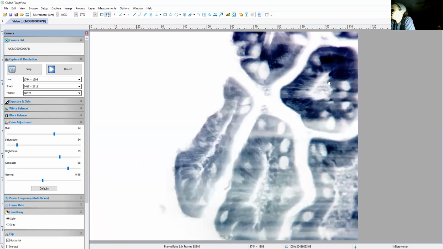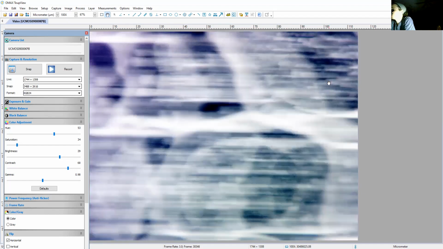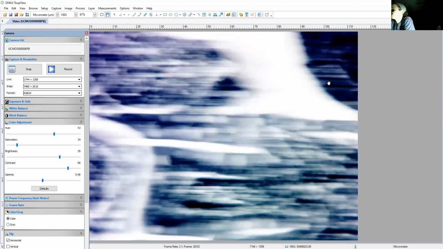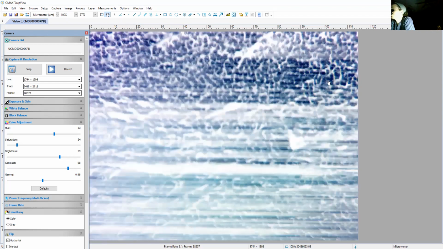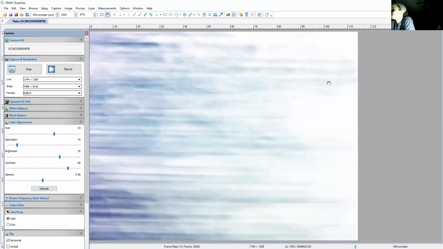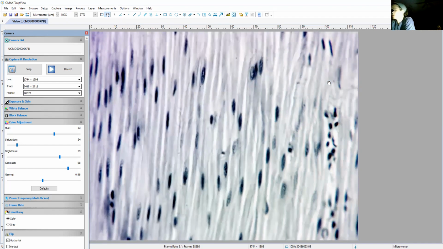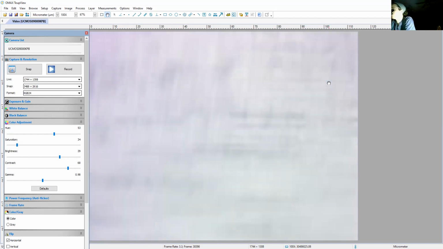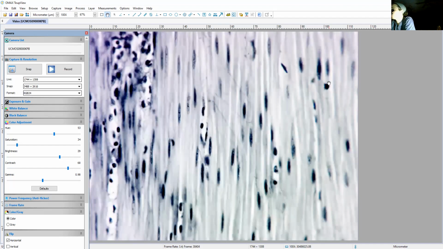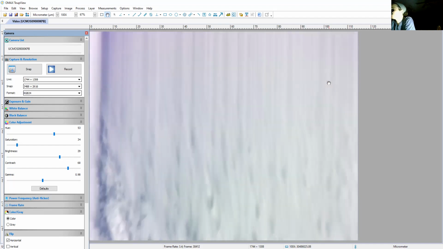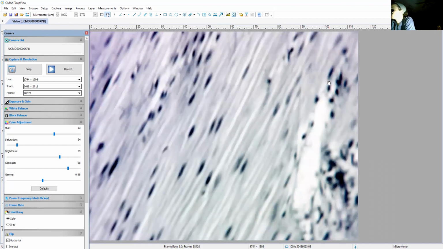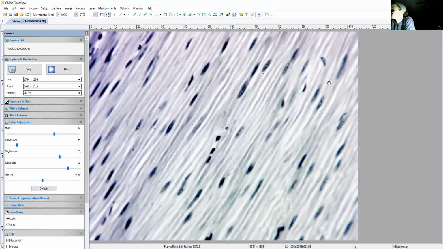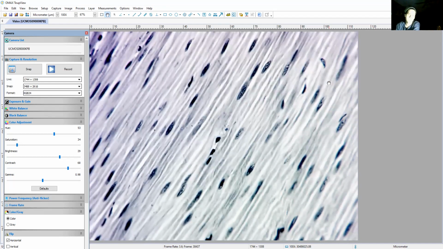So then as we scroll over, again, we get into our simple columnar epithelium, pardon me. And then over on the outside edge of that, we get into our smooth muscles. So, oops, went a little bit far. Yeah, that's a pretty good section right there. So this is our smooth muscle.